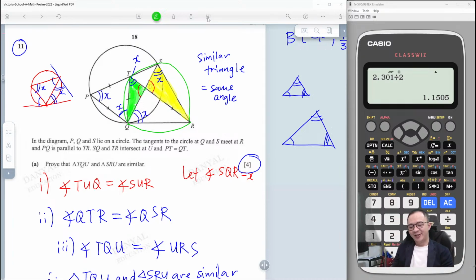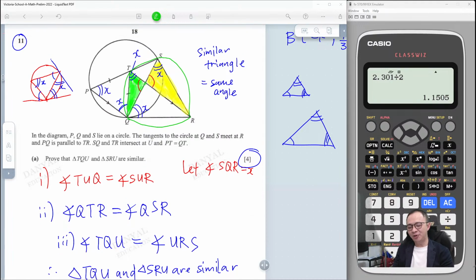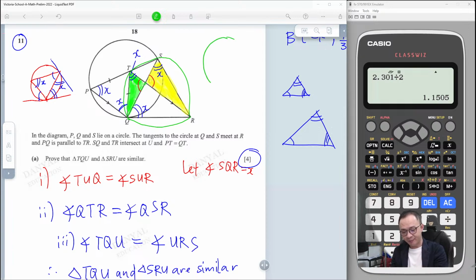But here is how they want you to prove it. We learn about the same segment, right? That means if I have a circle, I'm so bad at drawing the circle. I know some teachers can draw very well, but it doesn't matter. I cannot.